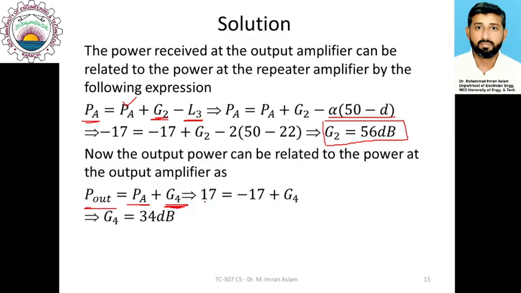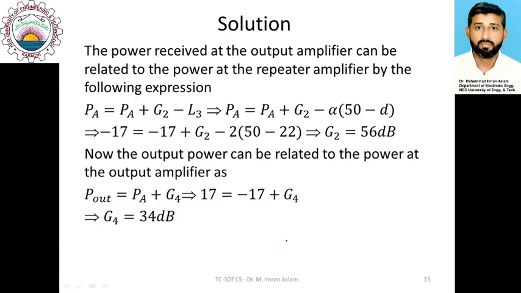If you simplify this, the required output power is 17 dBm, and the amplifier power is minus 17 dBm. From this relationship, you would see that the gain comes out to be 34 dB. So the gain of the last amplifier would be 34 dB.